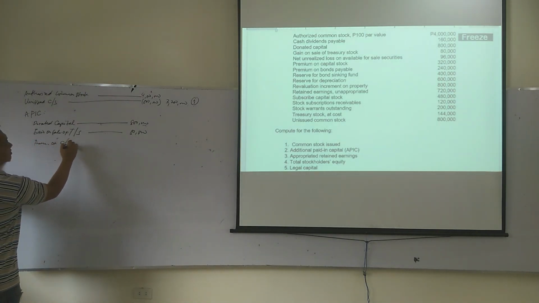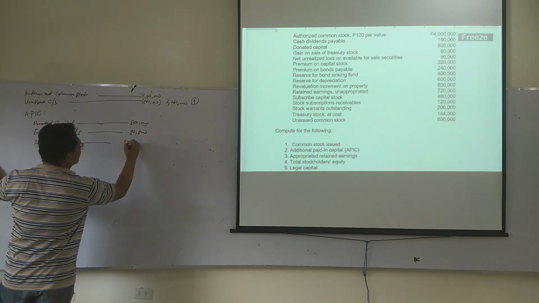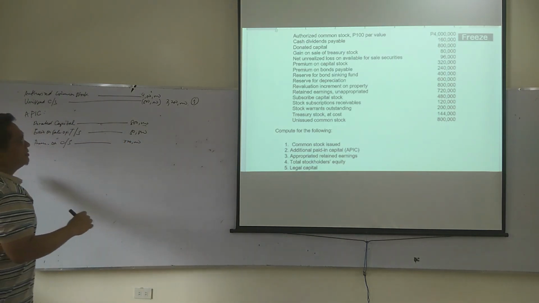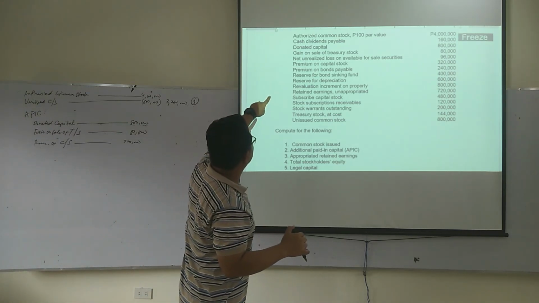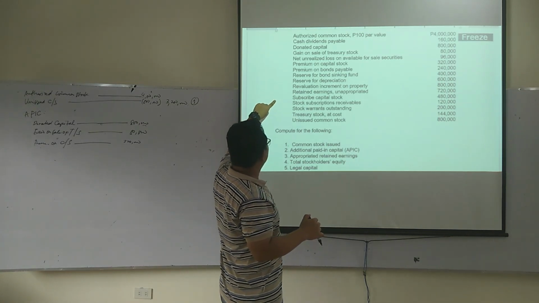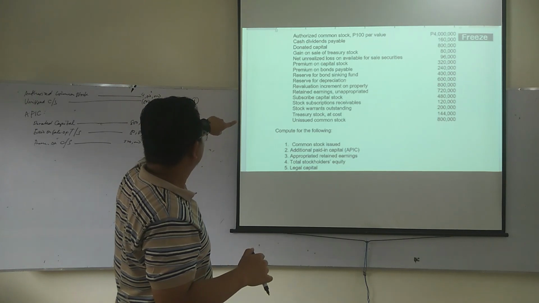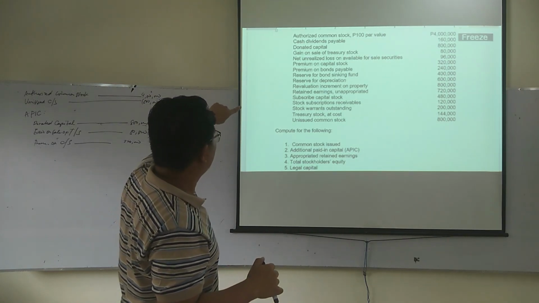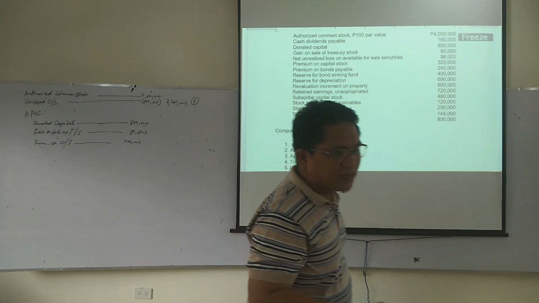Premium on capital stock is 320,000. Premium on bonds payable, that's a liability. Revaluation increment, that's part of revaluation surplus, not retained earnings.